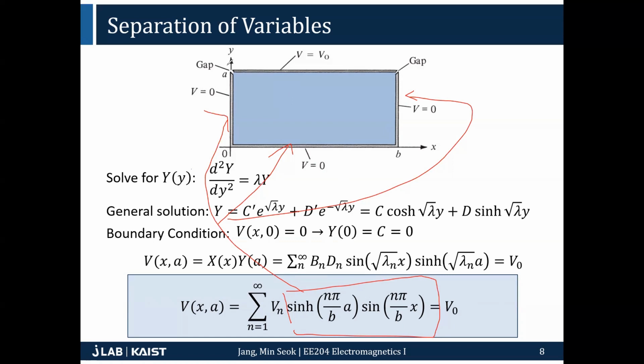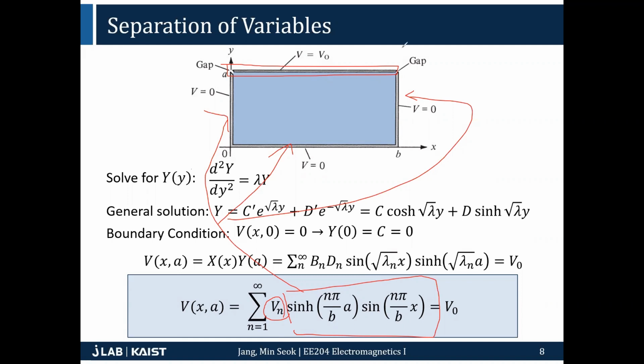But we have to satisfy one last boundary condition, which is the top boundary condition. So we want to make a linear combination of these and then determine Vn, which is the coefficient, to satisfy the final boundary condition.